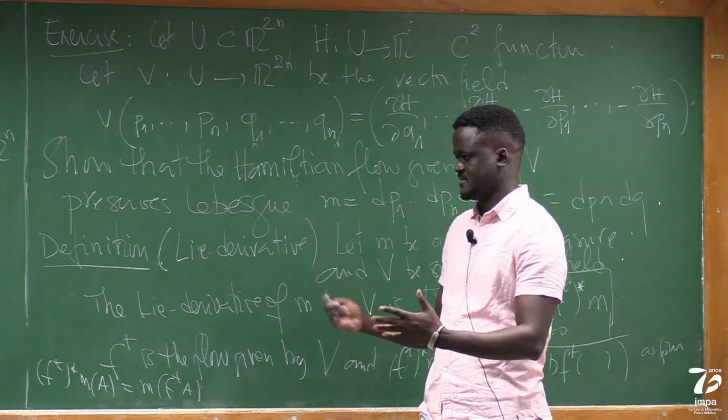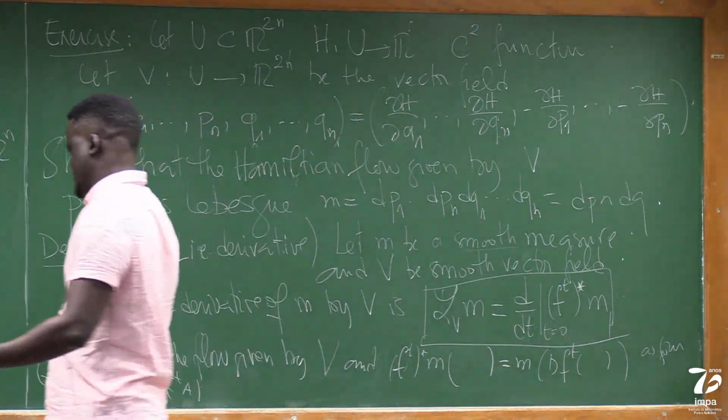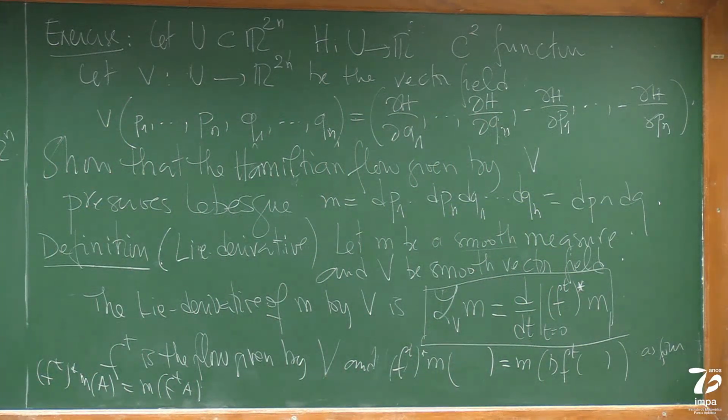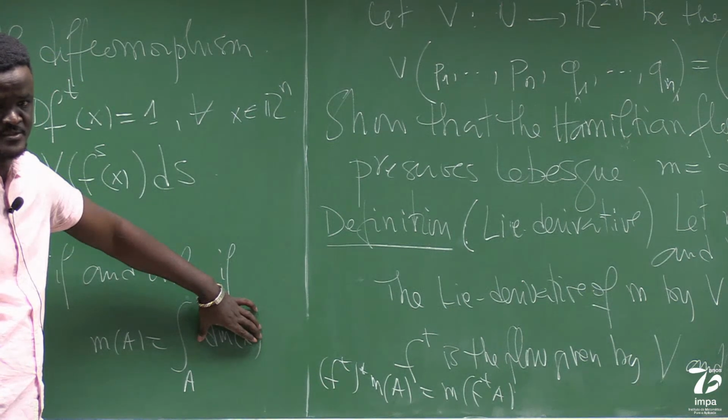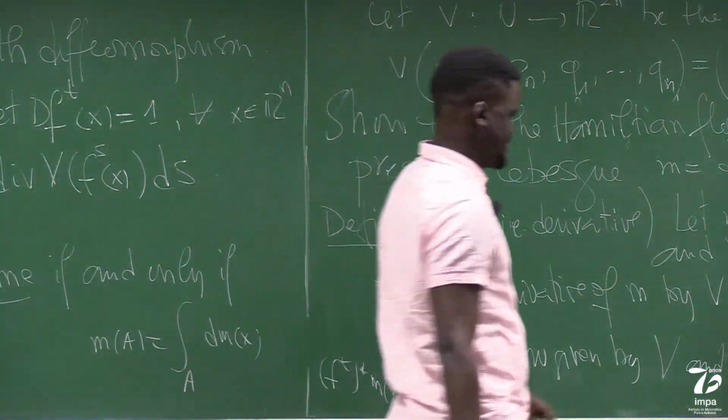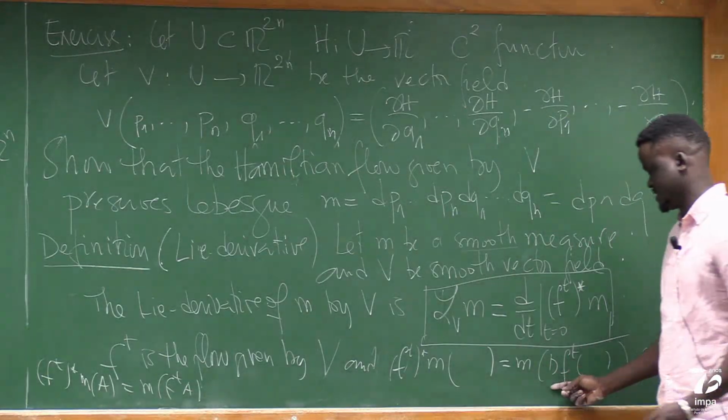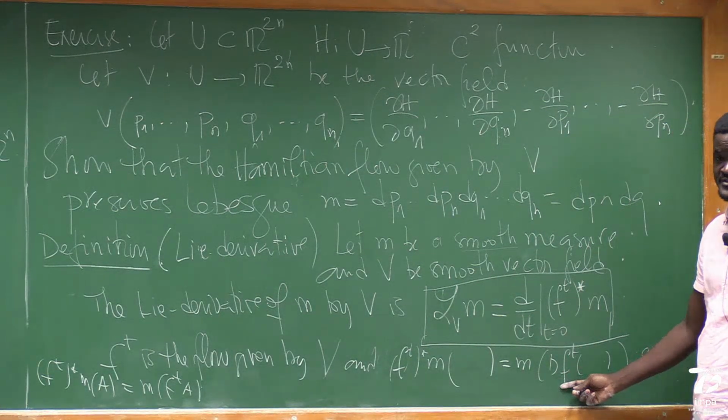Remember, when you write the measure of a set A as the integral of dM(x), this quantity is an infinitesimal version of the measure. This is what you integrate. So when you do it infinitesimally, that will involve the differential.